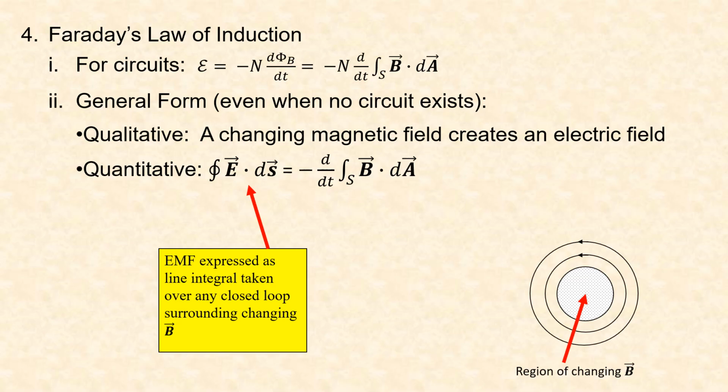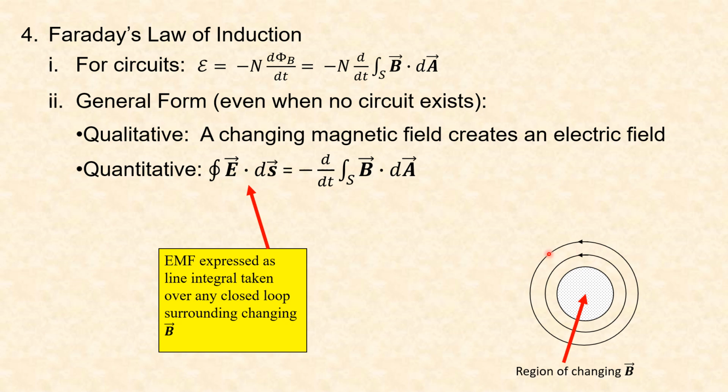But you also notice that we didn't have that little circular symbol on our integral sign either. What's up with that? We're now saying that the electric field that gets created or induced must form a closed continuous path about the region of changing magnetic field. And therefore, we must evaluate this line integral around a closed continuous path.